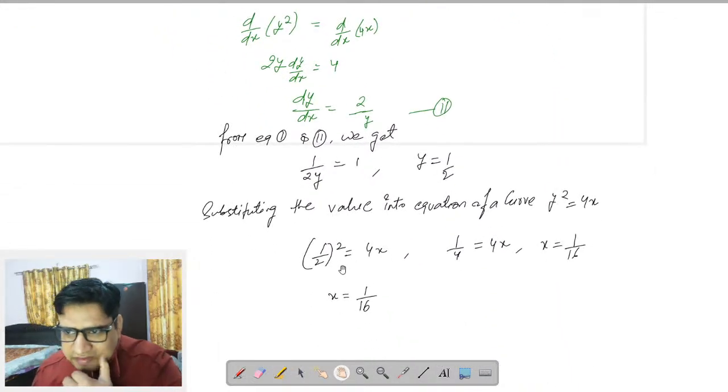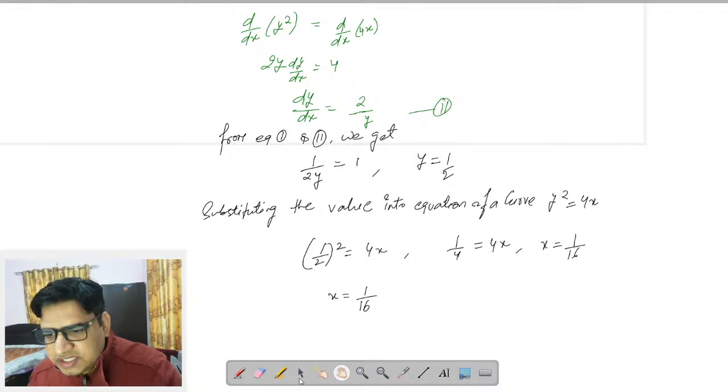From here we get 2 upon y is equal to 1, so y is equal to 2.